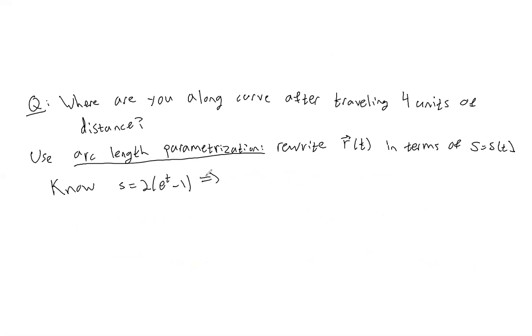s equals 2 times e to the t minus 1. We know that. So that means in this case that 1/2 s plus 1, it was a plus 1, or should have been minus 1, that's going to be e to the t. So now we know that t is ln of 1/2 s plus 1.